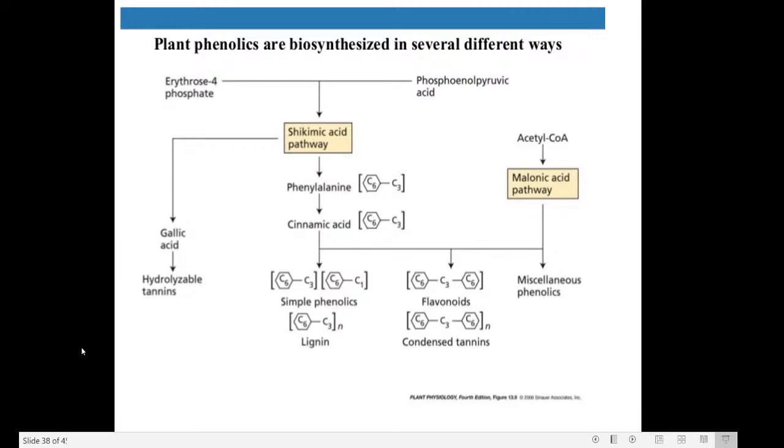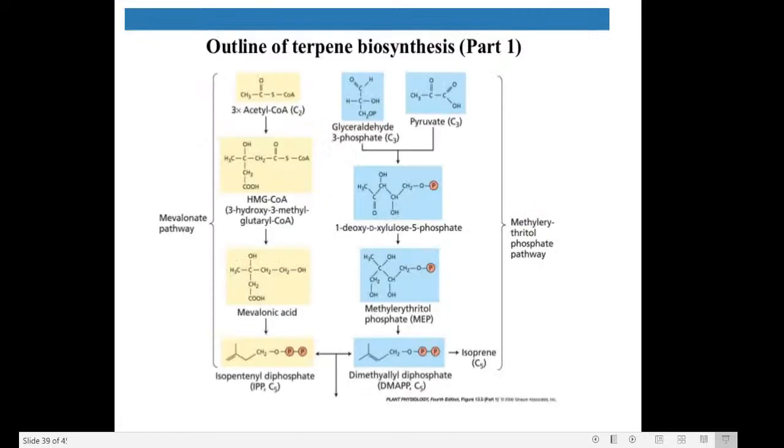Another way is using the succinic pathway, which produces the gallic acid, and produces the hydrolysable tannins. Here is terpenoids production. In terpenoid production, we can use enzymes from acetyl CoA, HMG CoA, which produces mevalonic acid.